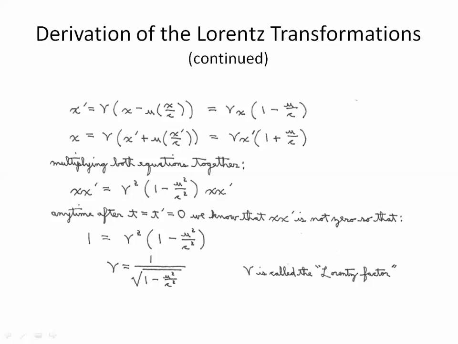Use of gamma to represent the expression 1 divided by the square root of the quantity 1 minus u squared divided by c squared is a common convention in discussions of special relativity. I will only selectively use this convention in the remainder of this video so that we will not lose sight of where u and c appear in the mathematics.